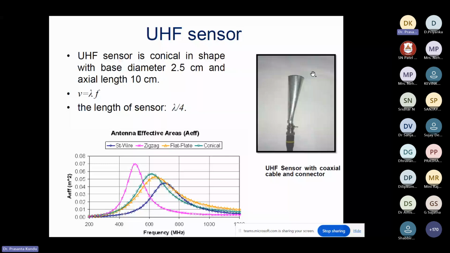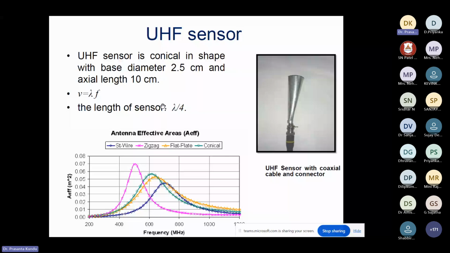Now, how much will be the length? That depends on what the frequency should be. Since we are measuring at a higher frequency, in the order of megahertz, the length of the sensor will tell you the peak frequency we want to measure. The length and the frequency are related through wavelength and velocity.